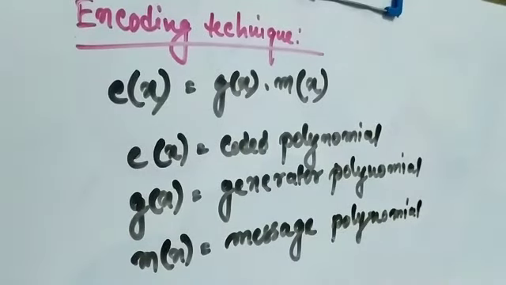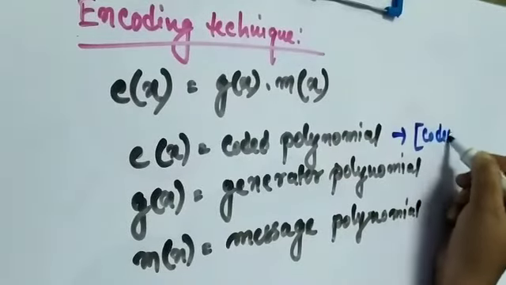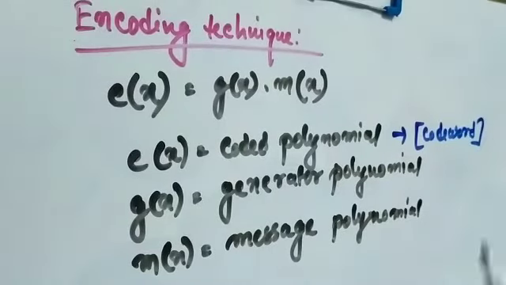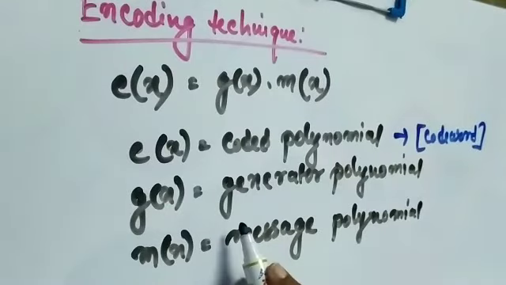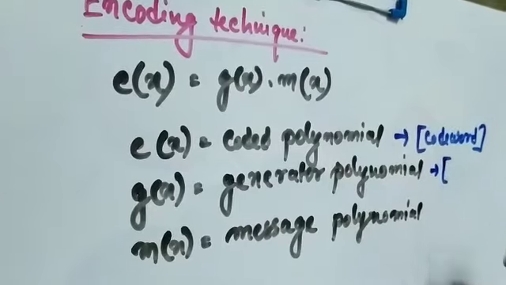Coded polynomial is the code word when represented in polynomial form. That means from the code word we can generate the coded polynomial. Generator polynomial is coming from the generator matrix.